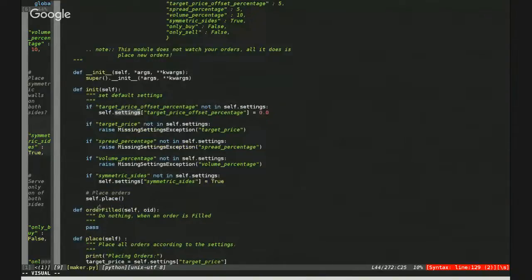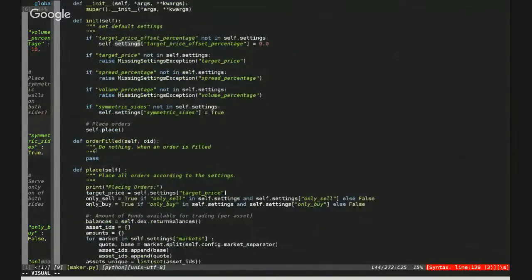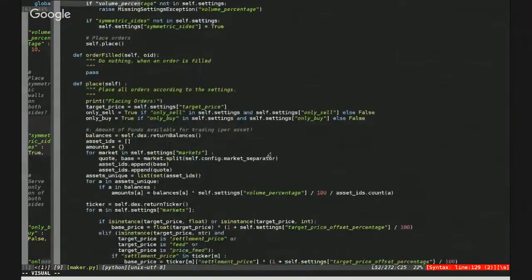This line is essentially there for if you just want to call the bot once to put orders and we are done. Then there's something called order filled. This one would be called if the bot infrastructure figures out that an order has been filled for this specific bot. In this case, there's just nothing happening. The more interesting... The order is cancelled? Pardon?